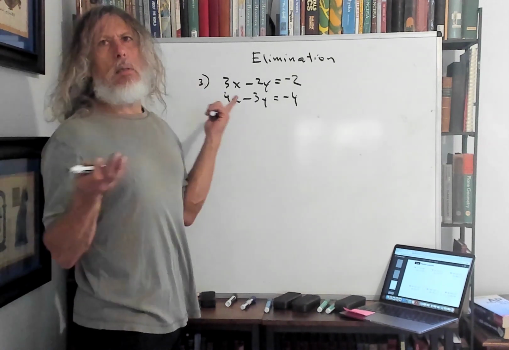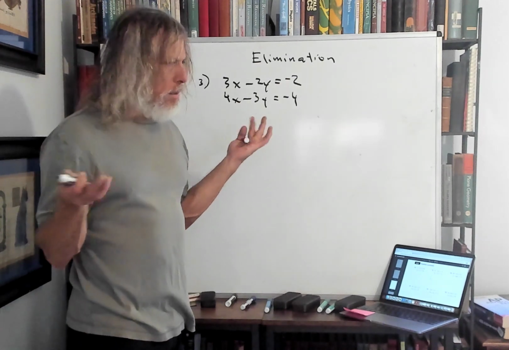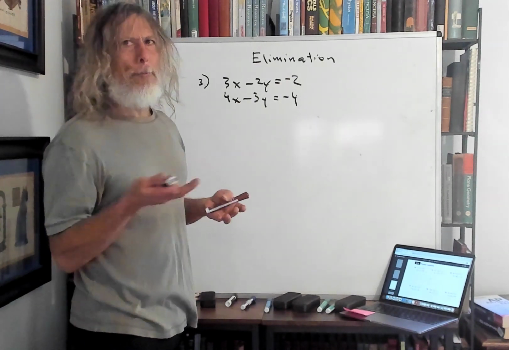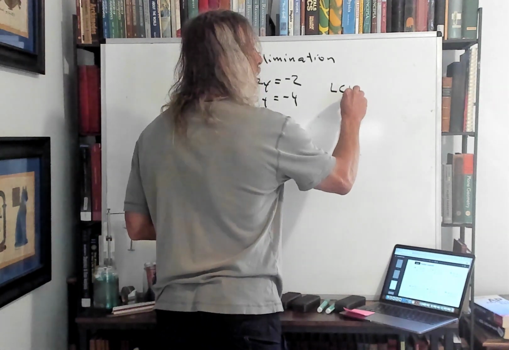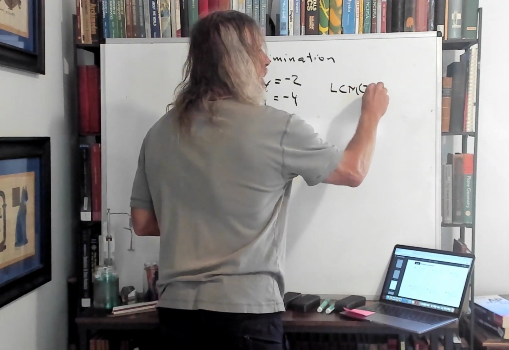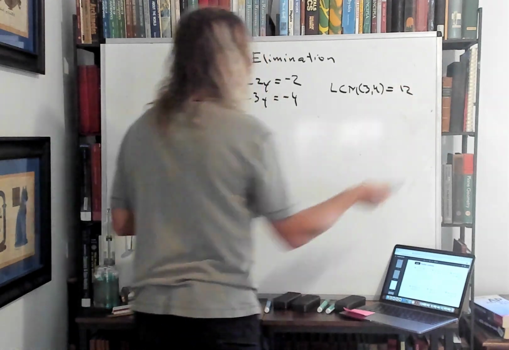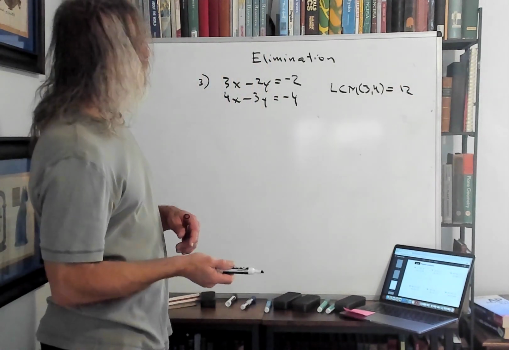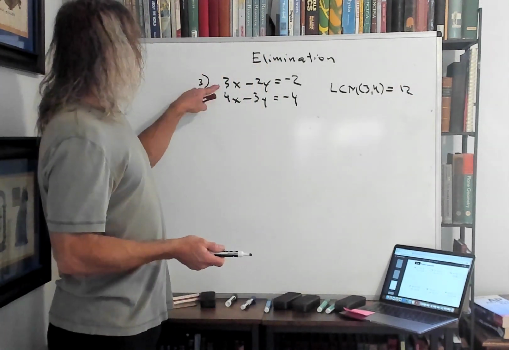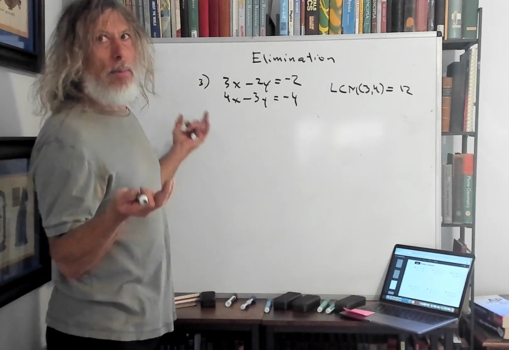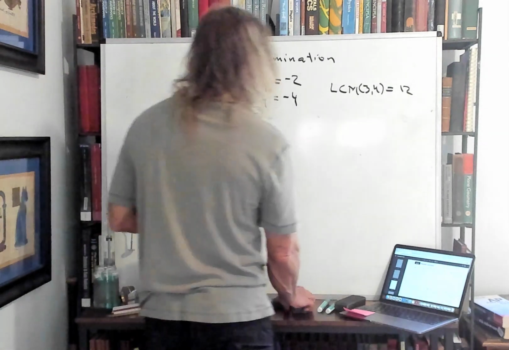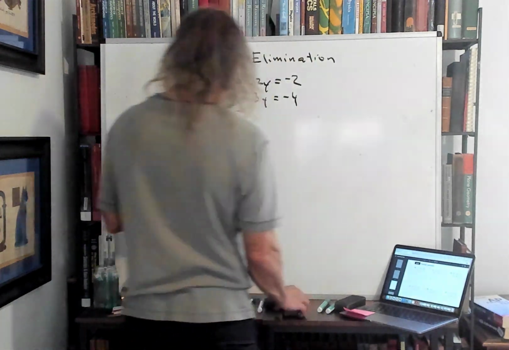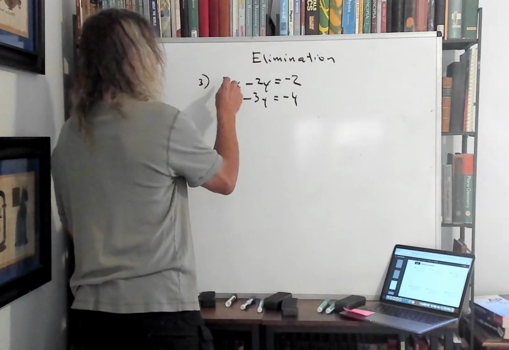So again, we need to make these equal but opposite, so we need the least common multiple of 3 and 4. So LCM of 3 and 4 is 12, as we've discussed. So to make this a 12, I have to multiply by 4. So if I do that, I'll put it over here, multiply everything by 4.